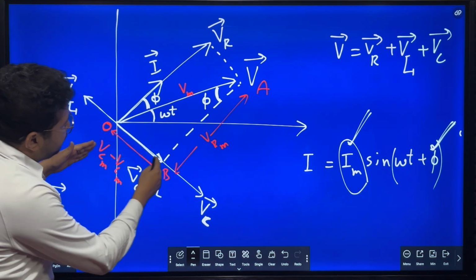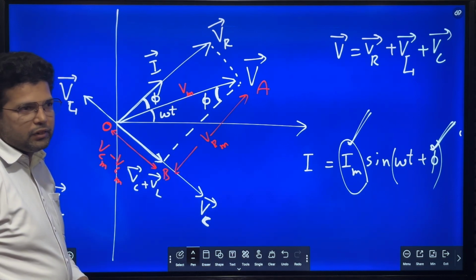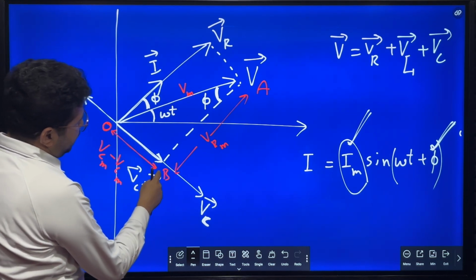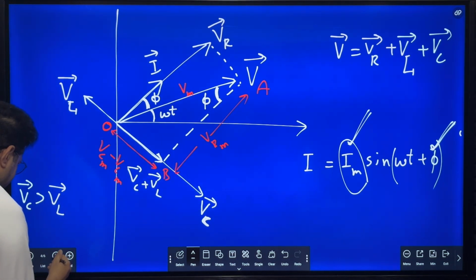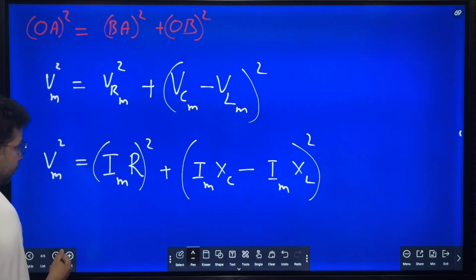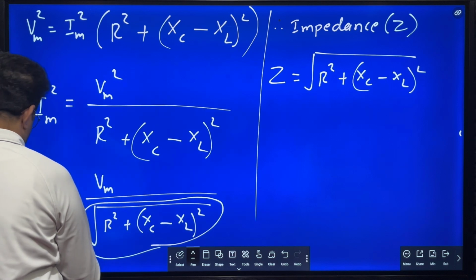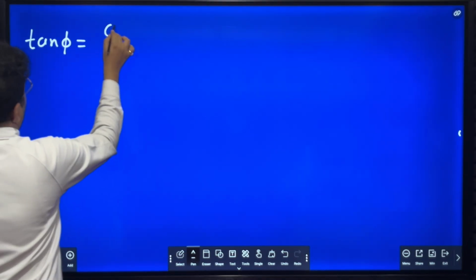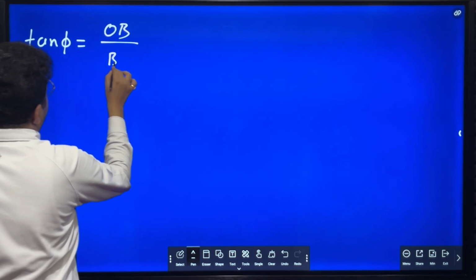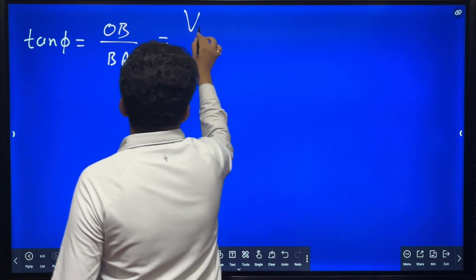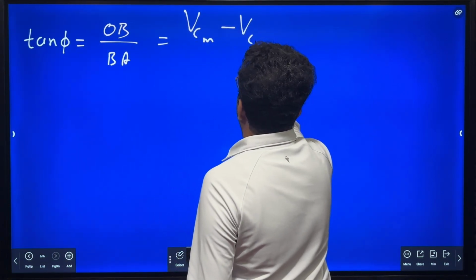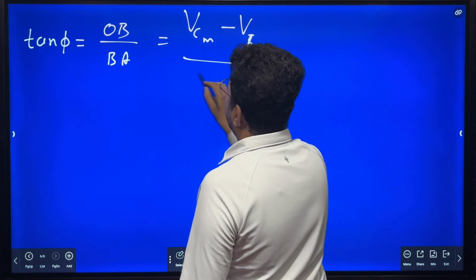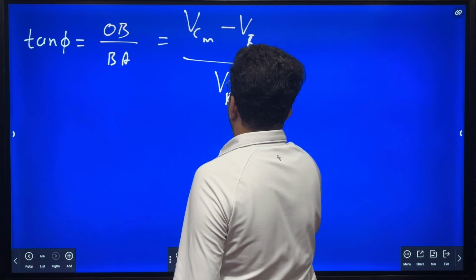VCM minus VLM divided by VRM. Tan phi is equal to OB divided by BA. So OB is equal to VCM minus VLM, divided by BA, which means VRM.